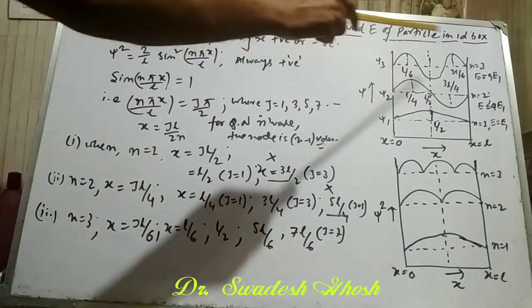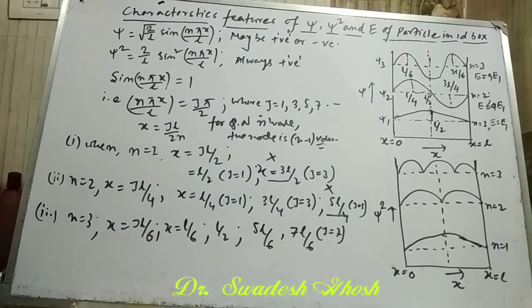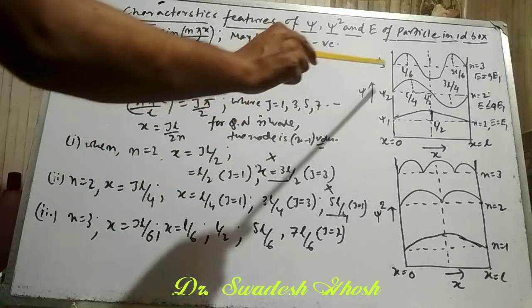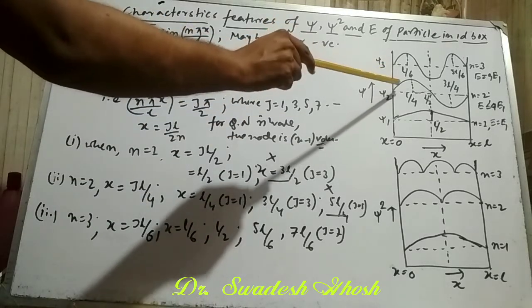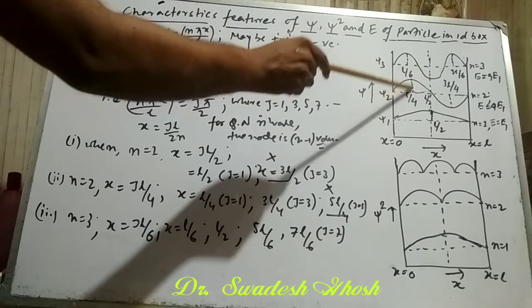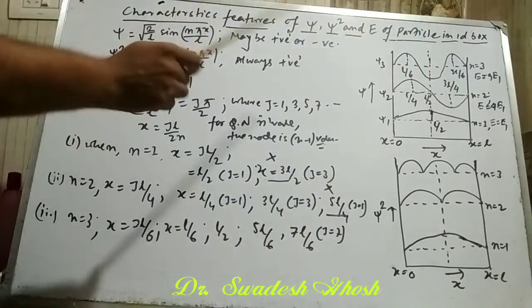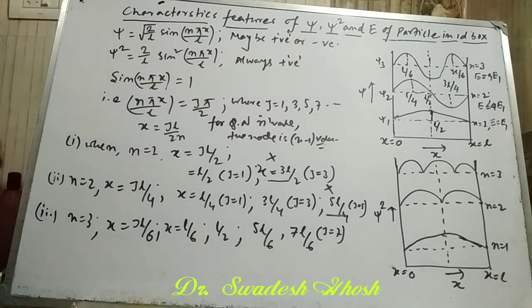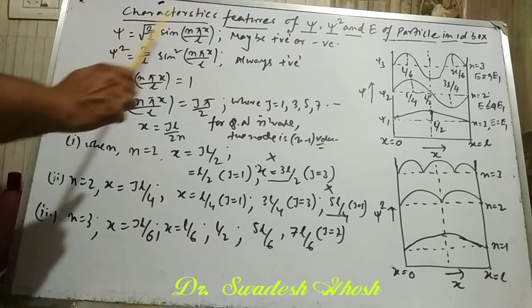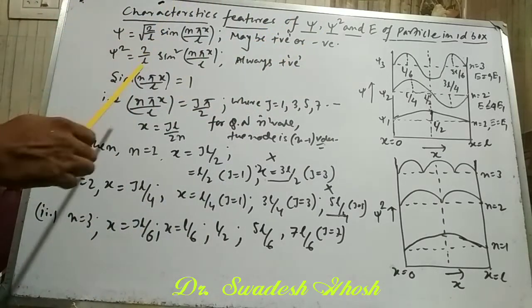From this plot we have seen that the wave of the electron is in the positive direction here and in the negative direction there, and that's why we already discussed that psi may be positive or negative.